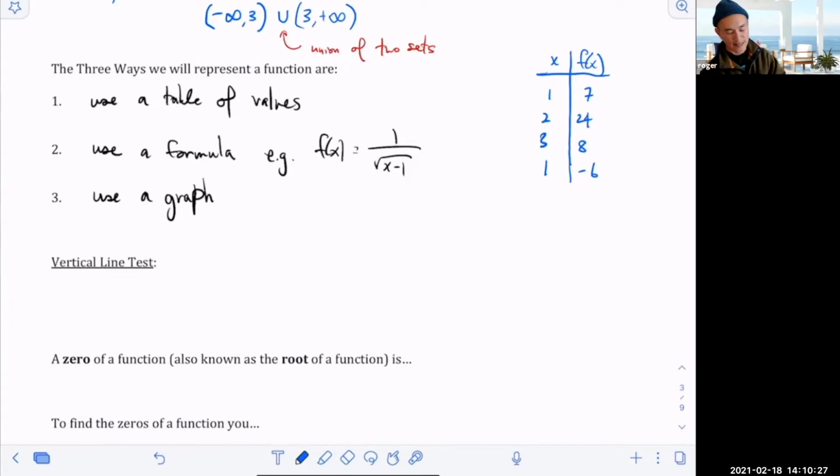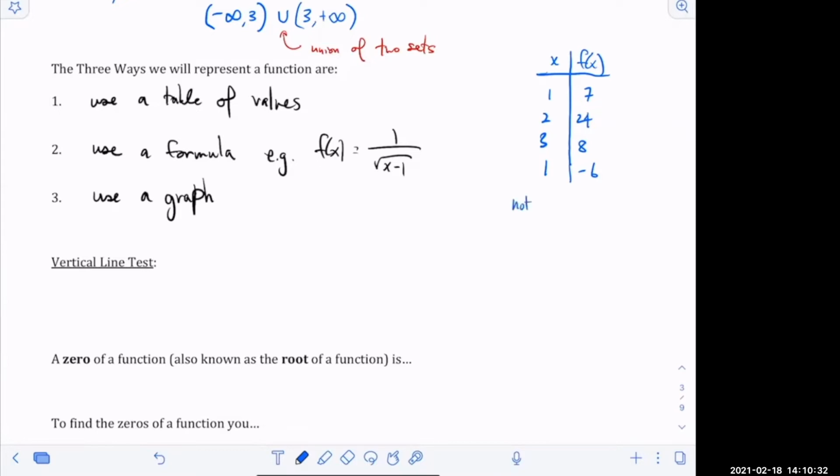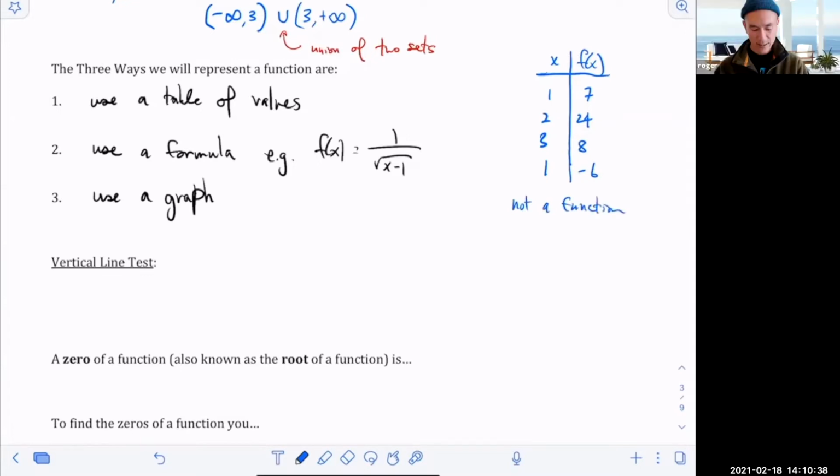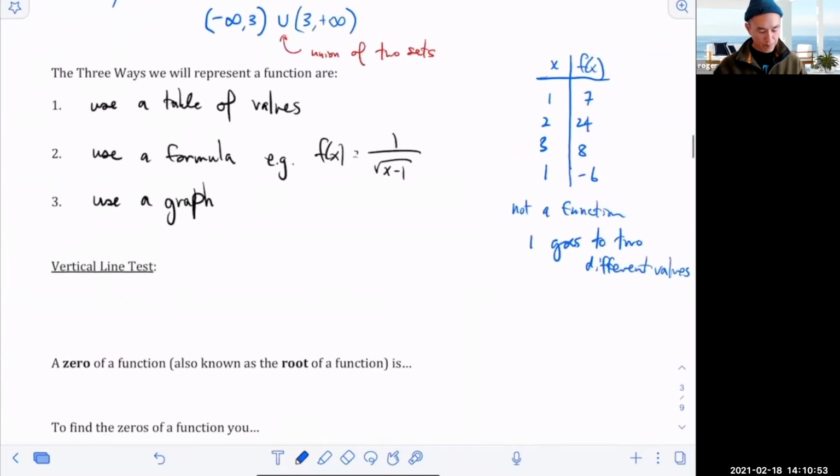No, why not, Alice? Because the x value can have two outputs, so it, like you said, needs exactly one output value. Correct. 1 goes to 2 different values. So that's one way you could tell if you had a function. You can look at a table of values, and if you have one input value having 2 output values, it's not going to be a function, as Alice just said.